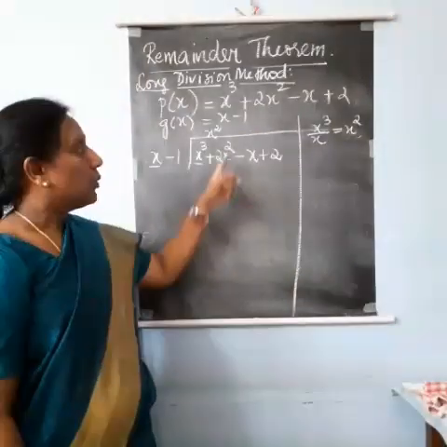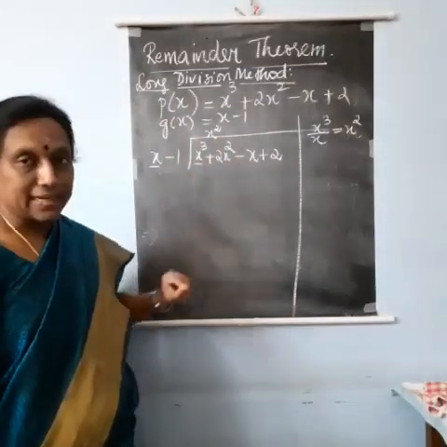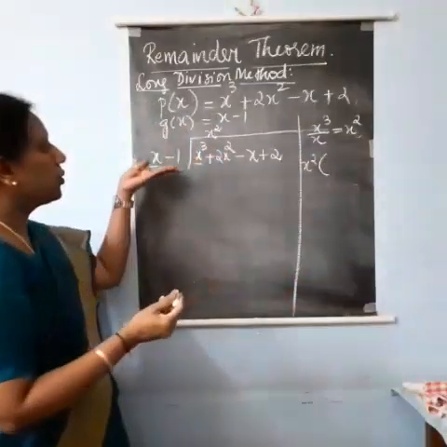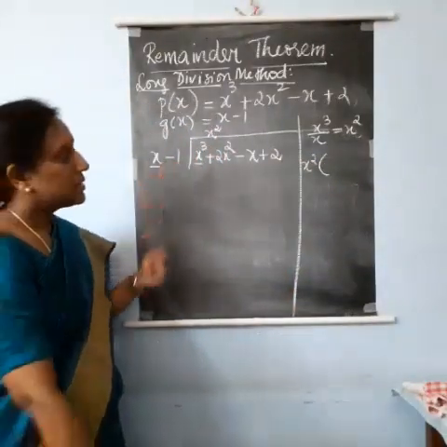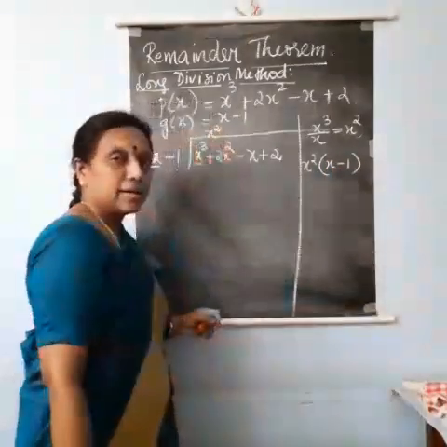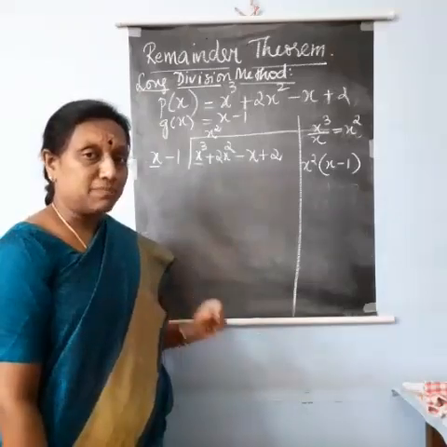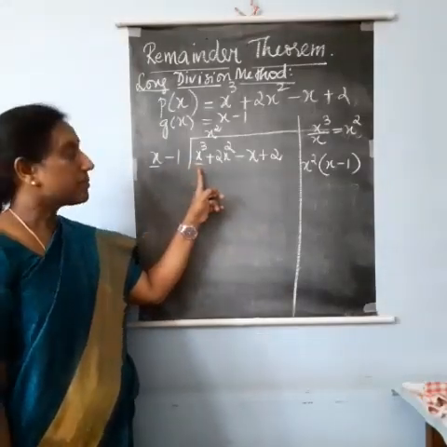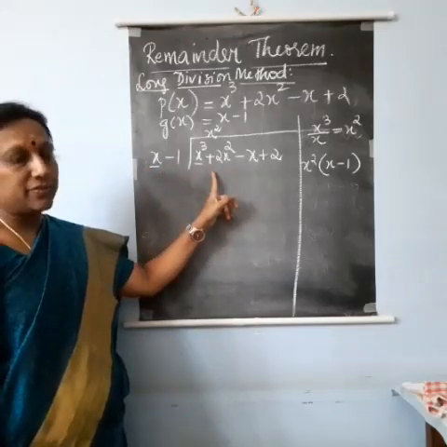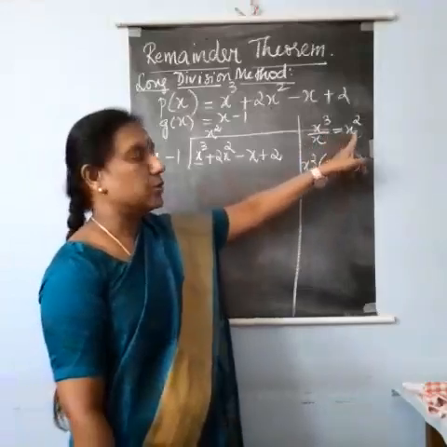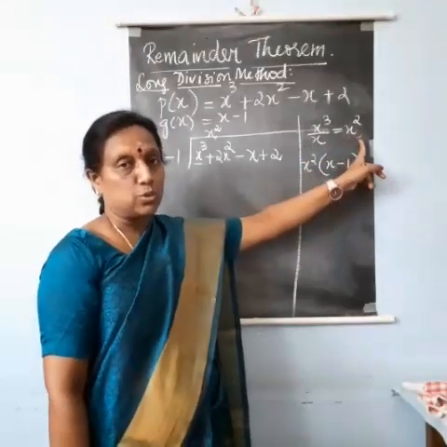Have you got it? Once that has been done, you multiply this x squared into the whole divisor. So what will that be? X squared into x minus 1. Are you following? What was the first step that I did? I underlined the first term in the dividend and the first term in the divisor and divided both in the working margin, and I've got my quotient.